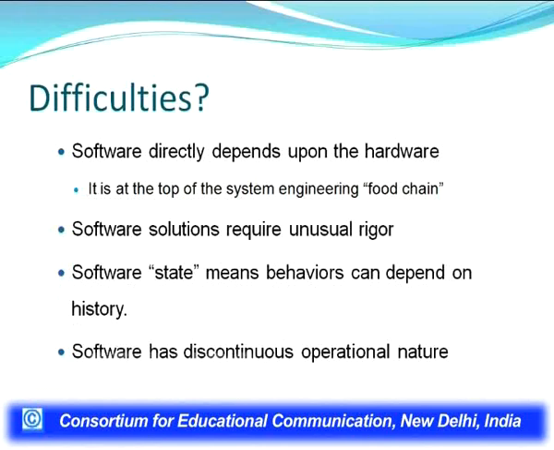Software directly depends upon the hardware. It is at the top of the system engineering food chain. Software solutions require unusual rigor. Software state means behavior can depend upon the history. Software has a discontinuous operational nature.